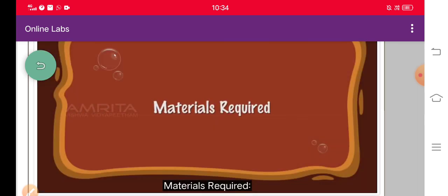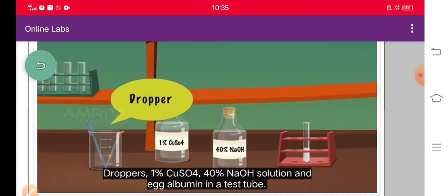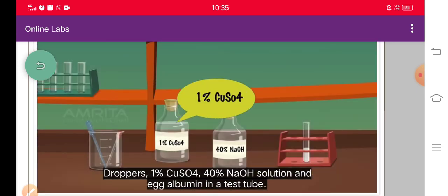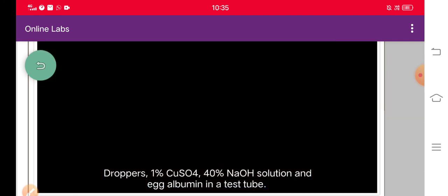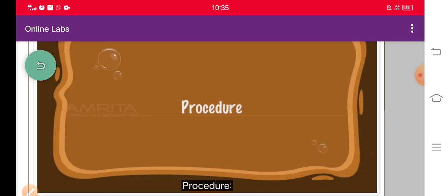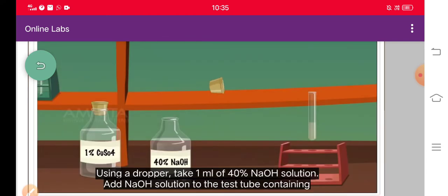Now we are on the protein test. The first one is the Biuret test. Take a dropper, 1% CuSO4, 40% NaOH and a test tube with egg albumin, the white portion of the egg. The procedure says take 40% NaOH first and add it to the albumin extract.